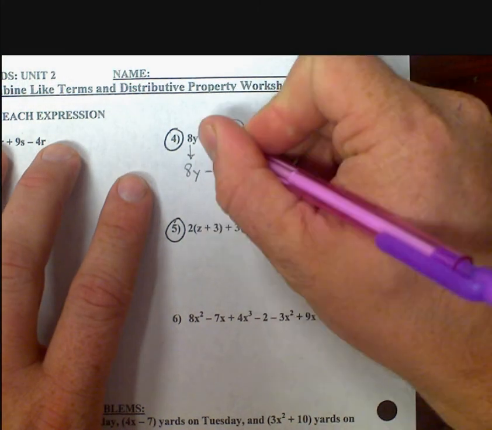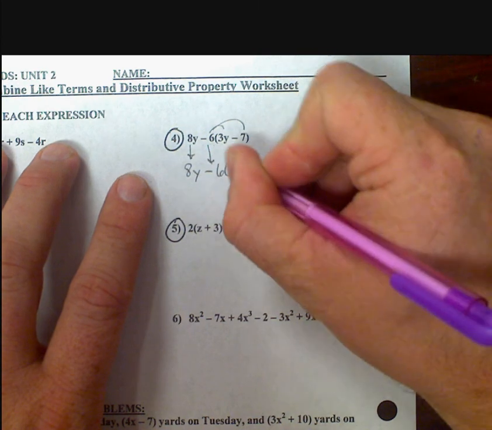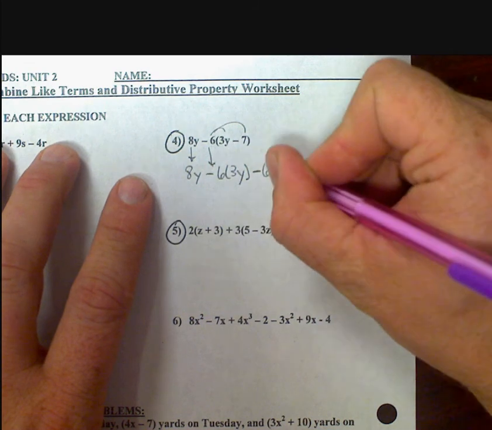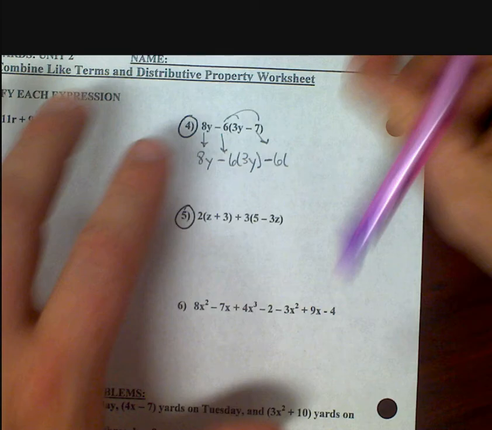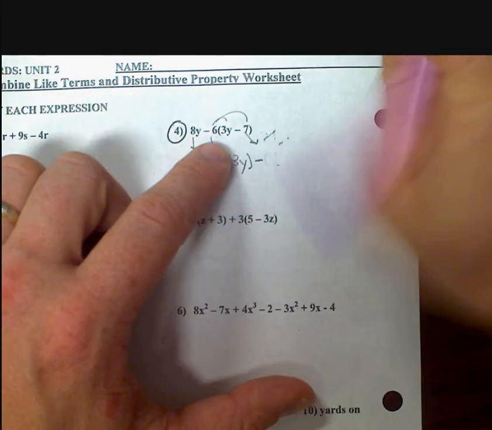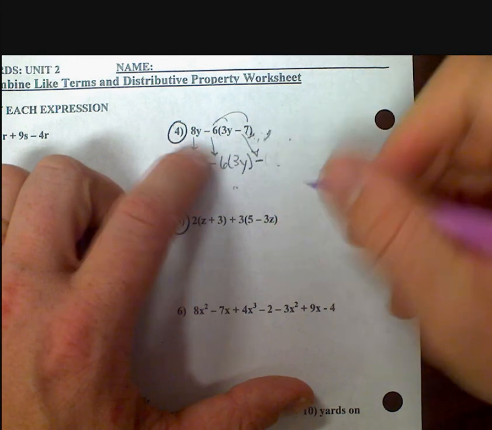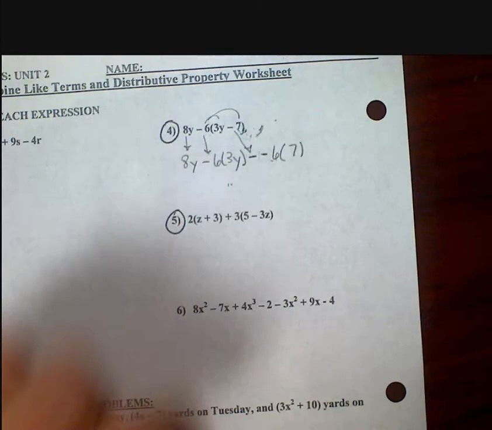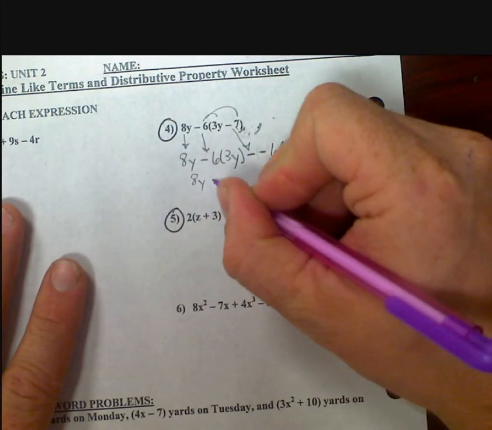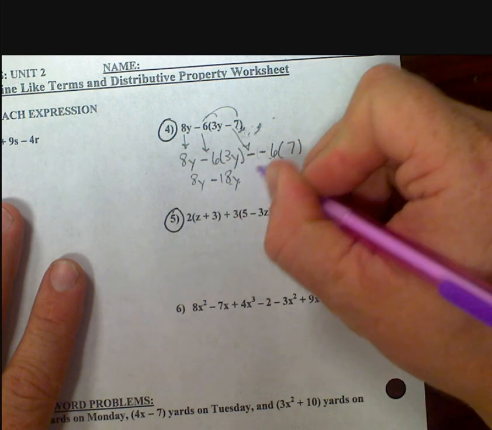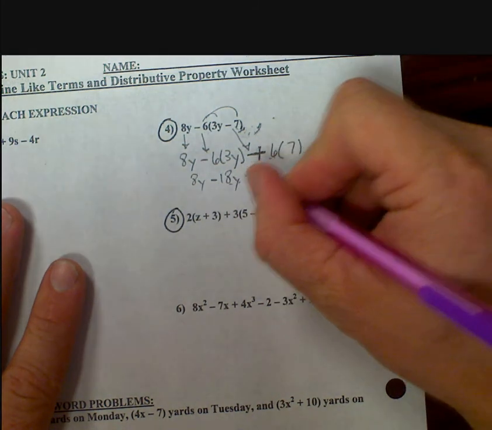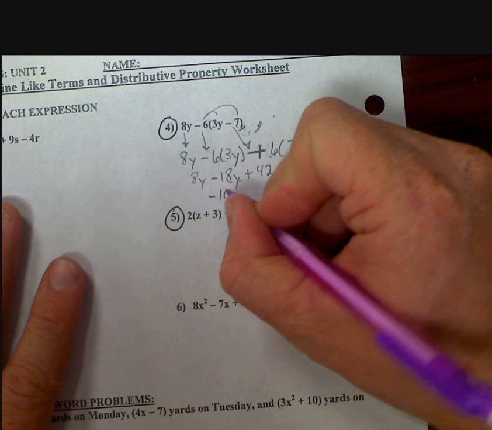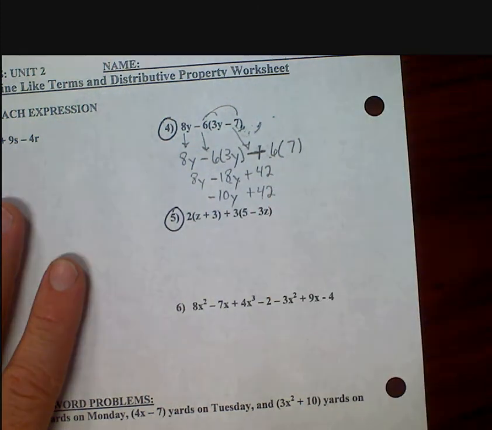So negative 6 times 3y, minus, from here, negative 6 times 7. So 8y minus 18y minus negative becomes a plus 42. 8y minus 18y is negative 10y plus 42. We are done with that one.